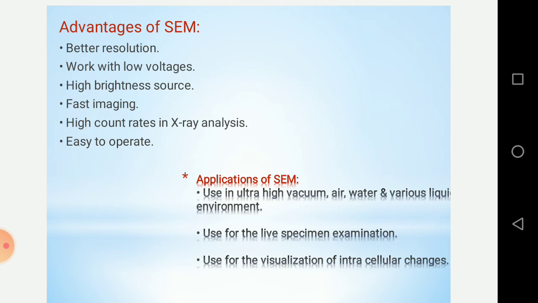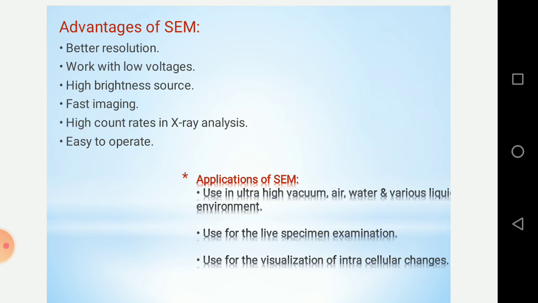It works with low voltage. It's not like the transmission electron microscope, which requires higher voltage, but it can work on lower voltage also.